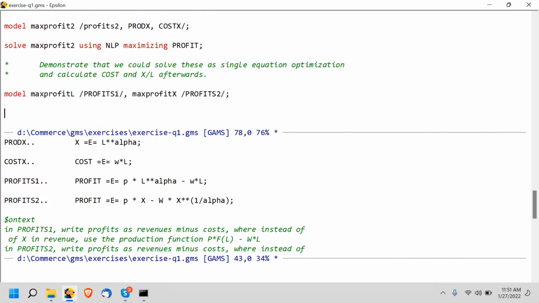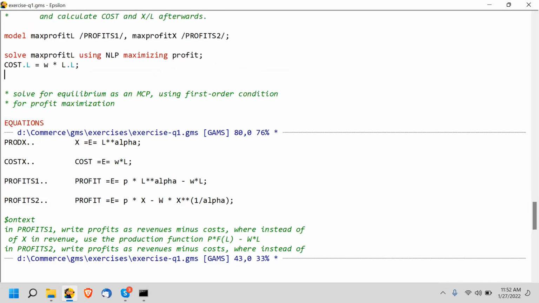And then I could say solve max profit L using NLP, maximizing profit. And then cost.L is equal to W times L.L, X.L is equal to L.L to the alpha.